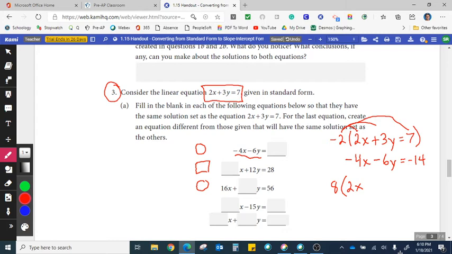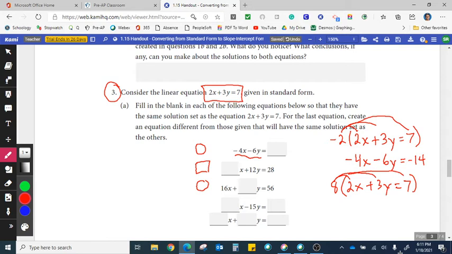2x plus 3y equals 7. Same idea. I'm going to distribute it. So I'm going to say 16. And how did I get 8? Well, I looked at 16 and I looked at 2, and I said, how do I go from 2 to 16? Well, I multiply by 8, right? 2 times 8 equals 16.